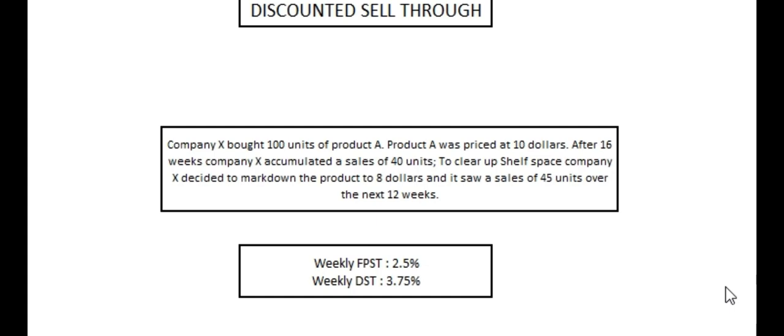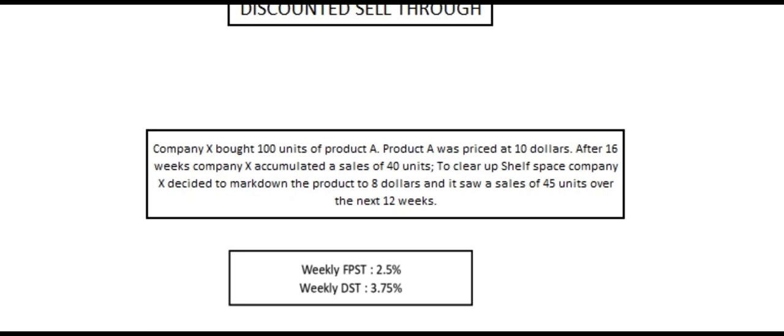You can see that there is a significant difference between the two numbers. In both these cases, the sell-through has been calculated on the same base, which is 100 units. Here, the sales periods were sequential, so the base made sense.